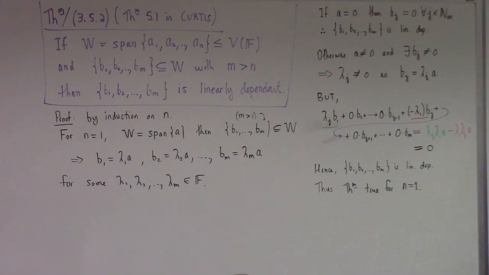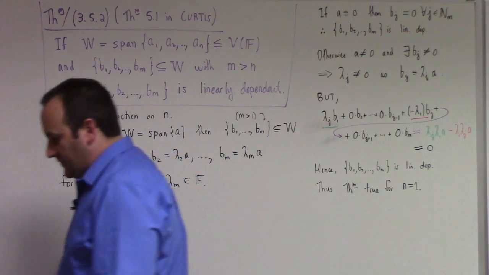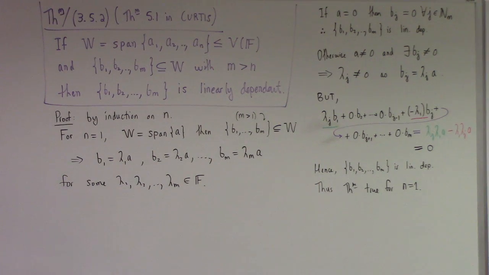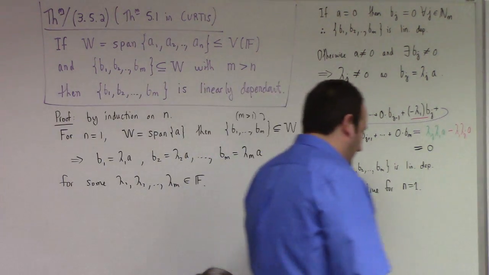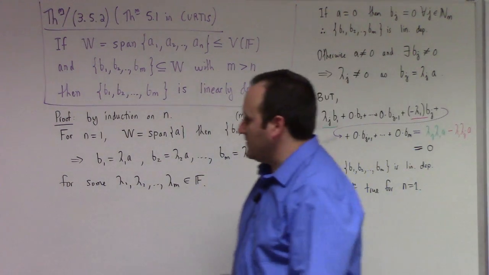This is Theorem 5.1 in Curtis. It's Theorem 3.5.2 in my notes. I think the big difference between Curtis and my notes is that Curtis uses S, where I use a W. At some point, once I gather my wits, I will make a compendium, a dictionary between Curtis and my notes. There is some difference in notation, right?